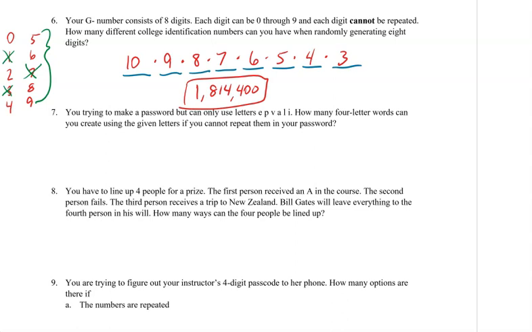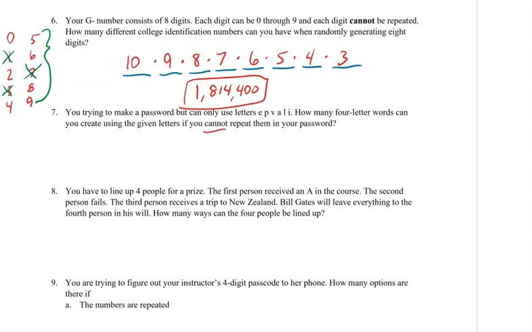All right, number 7. You're trying to make a password but can only use the letters E, P, V, A, L, and I. How many 4-letter words can you create using the given letters if you cannot repeat them in your password?